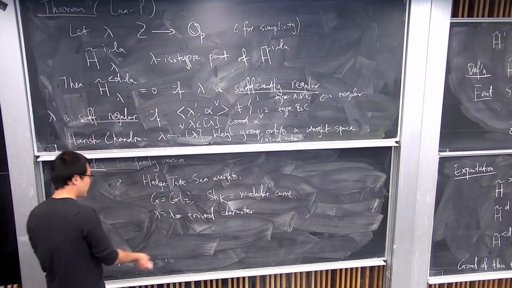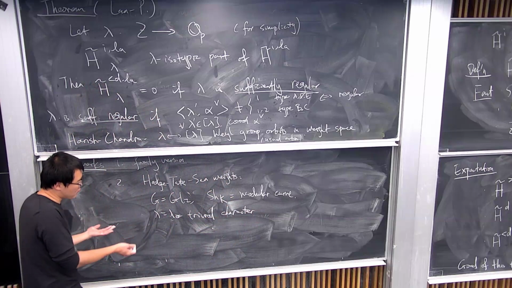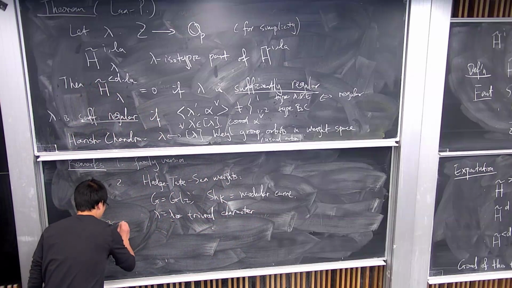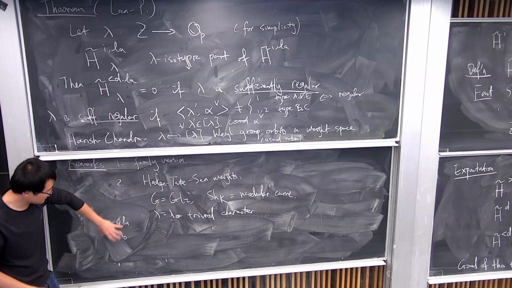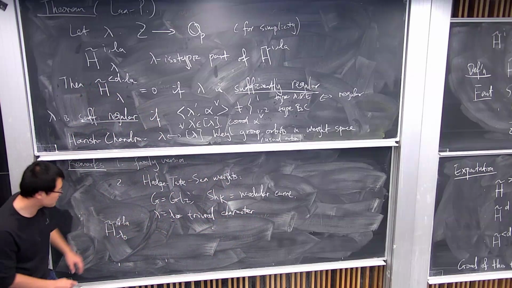And indeed, H^0 with lambda 0 is non-zero, simply because we know it at least contains, it sees the connected components, so it's non-zero.